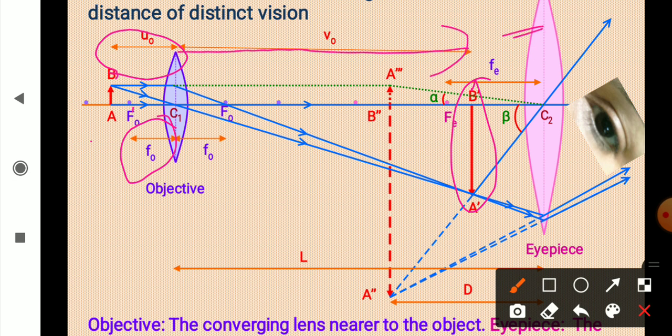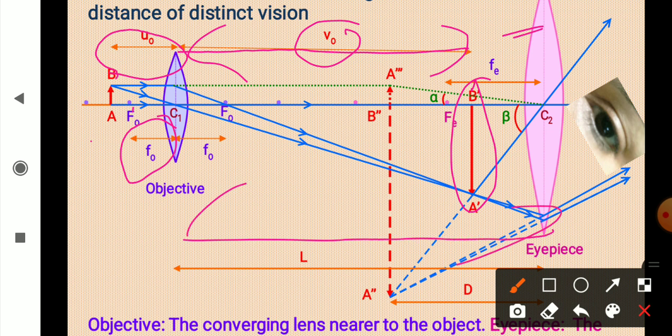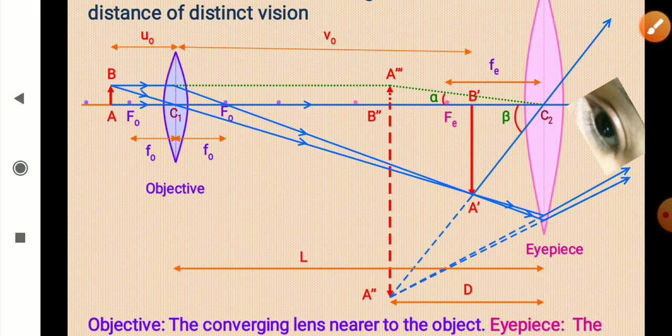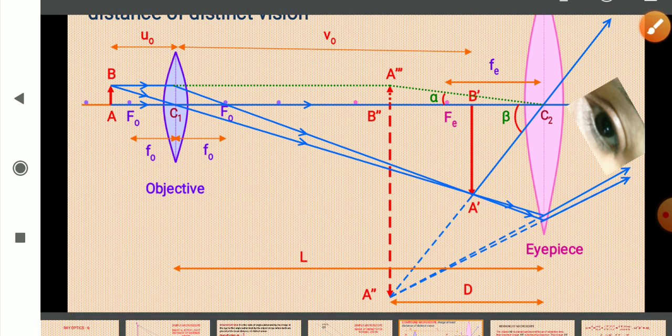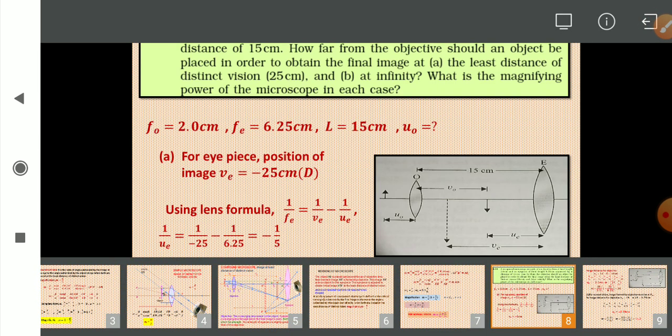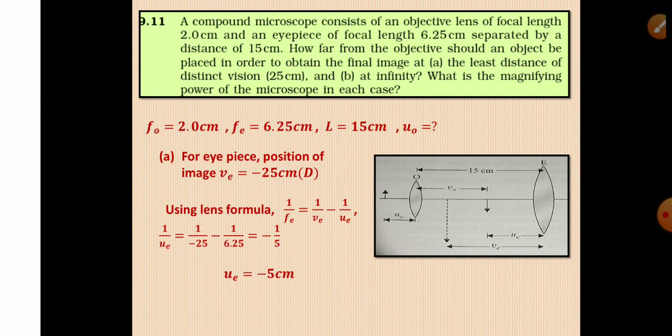So this image distance VO is nearly equal to the total distance between the objective and the lens. It is also called tube length. So this VO is nearly equal to L and UO is nearly equal to FO. So that is the approximation. So I hope you understand it now. And now let us move to a problem here.